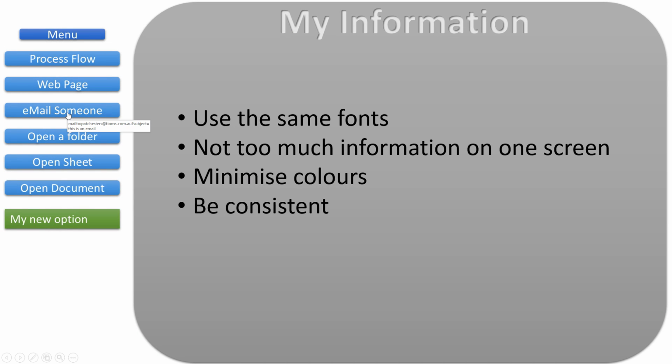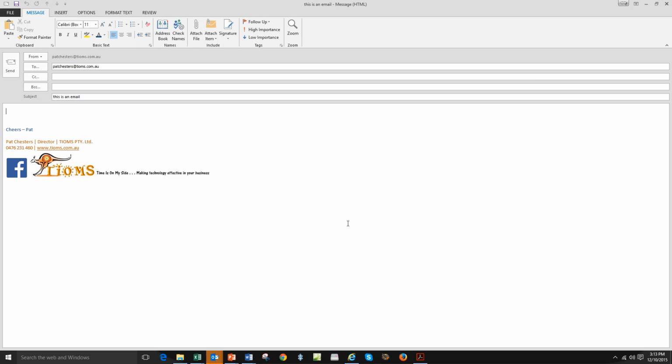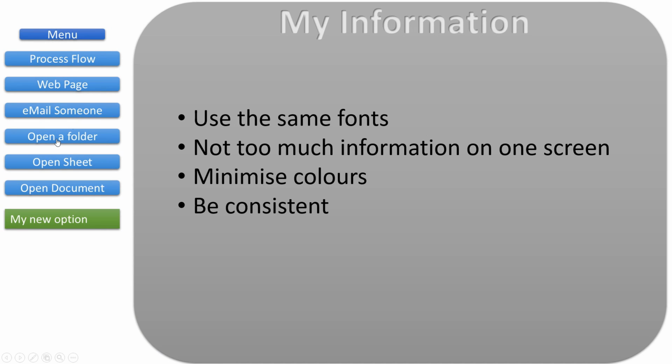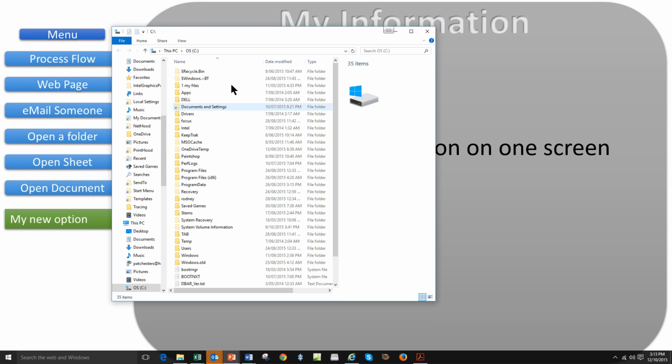Email somebody, click on that, it opens up your email system, your Outlook. You've already said who it's going to and what it's about, and you type in whatever you need to for that day. Open a folder, so we've got to go to the C drive and open a particular folder and go to wherever you want it to go.